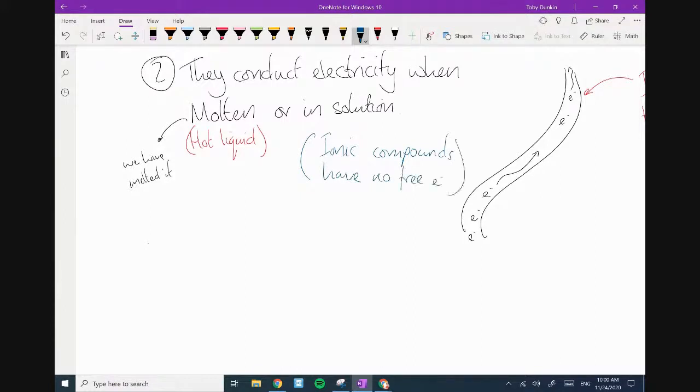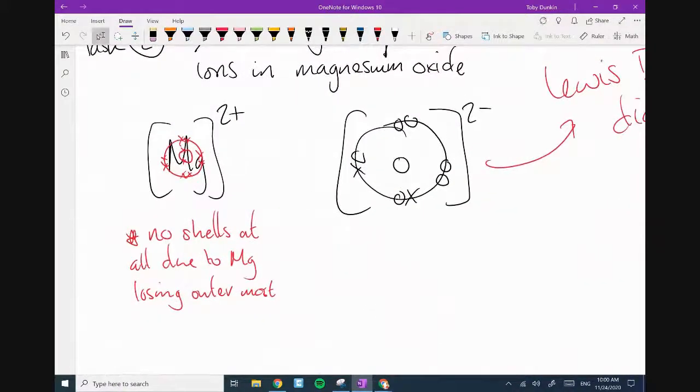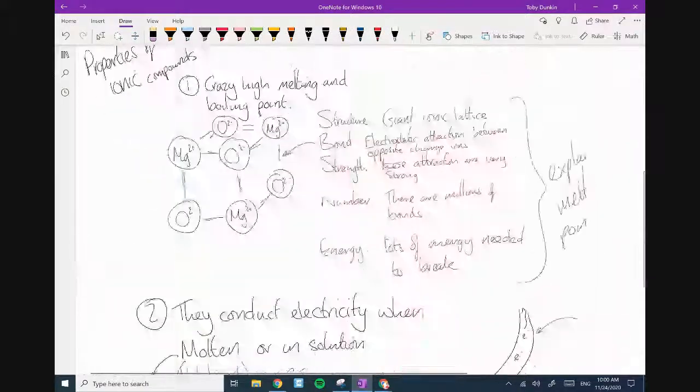The electrons are owned by the non-metal. The non-metal has taken them. We know this from this diagram. The electrons which magnesium gave over are owned by the non-metal. All the electrons are owned by somebody.